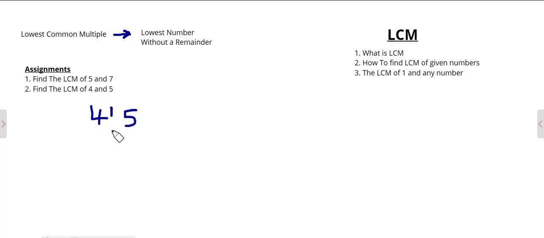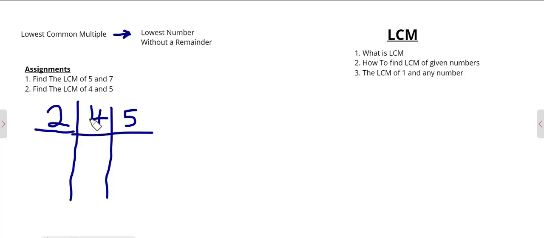We need to find the LCM of 4 and 5. Like we've been doing, we need to divide 4 and 5. Is there any number that can divide 4 and 5 without a remainder? No, there's no number.